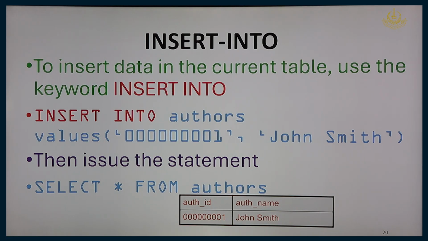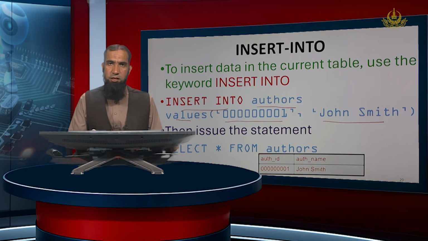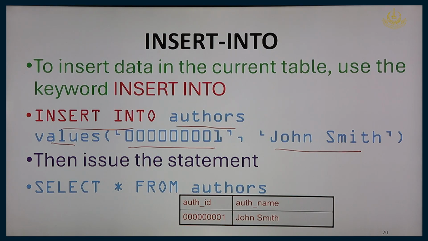The values are 00001, then in the second column John Smith, there are only two columns. Then issue the statement select star from authors. This displays the inserted values. Again, insert into authors values 000002 and then the name Ali. So this displays the two records.